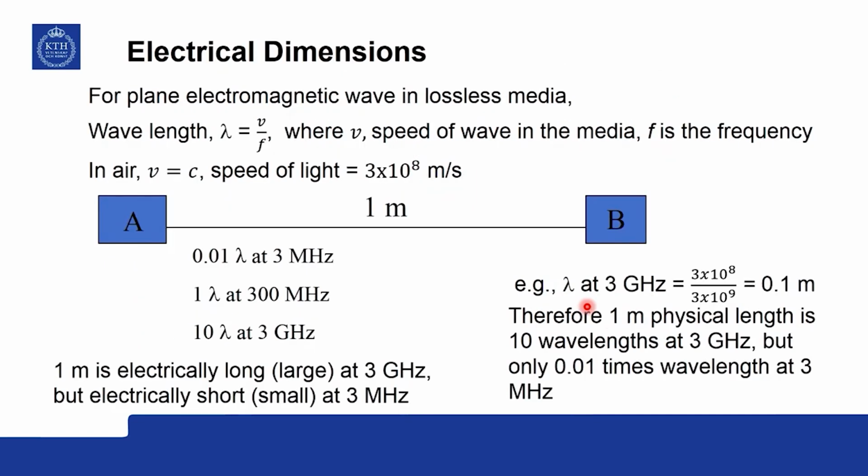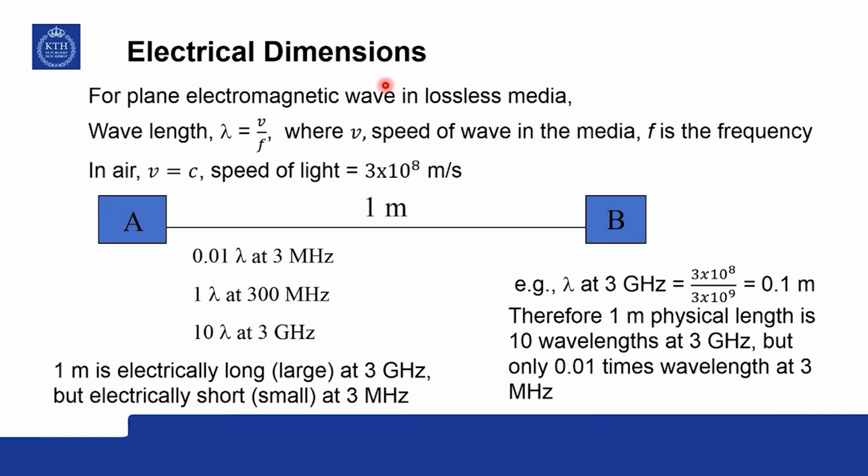Now, we will go through some of the concepts used in EMC. We have finished with some of the description of the sources. One is the concept of electrical dimensions.